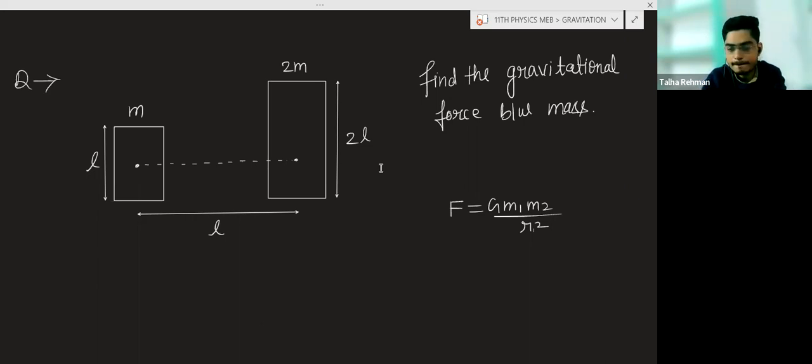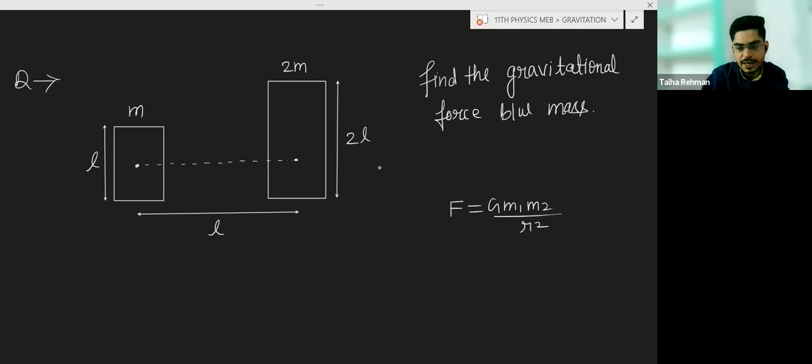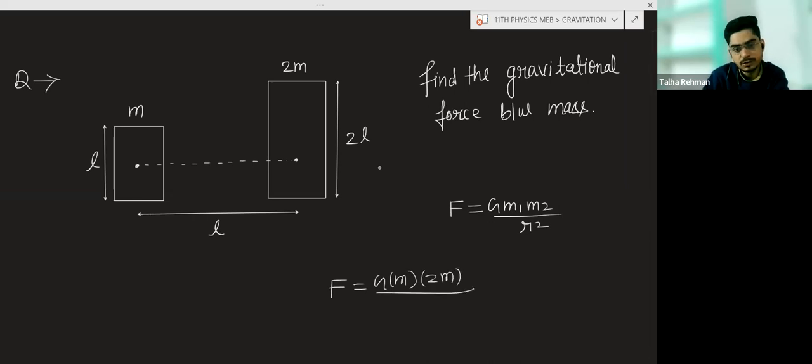Completed? Hiba, completed? No, sir. What is the answer? You did it like this: F is equal to G into M into 2M divided by L square.